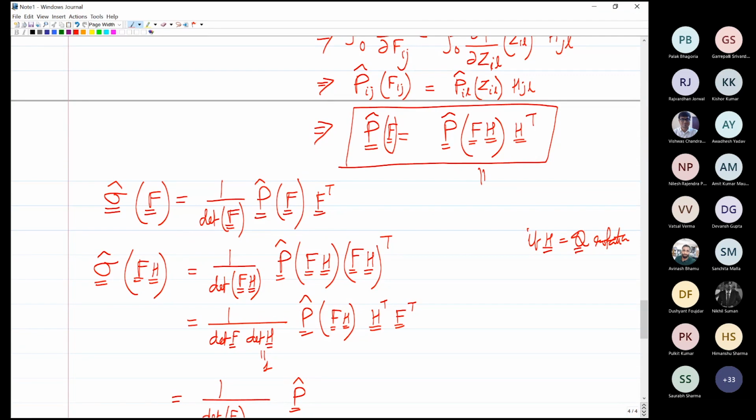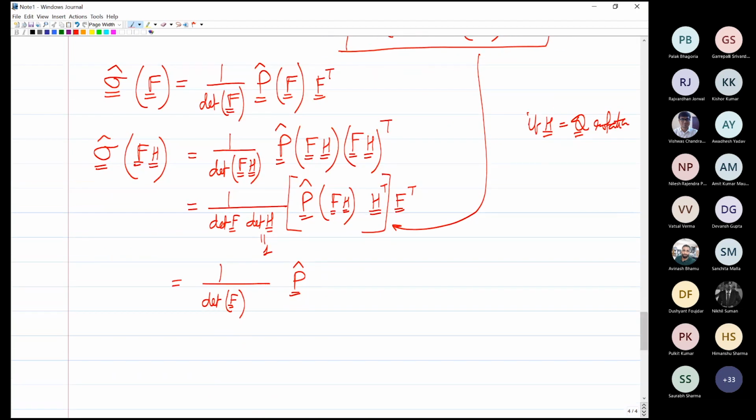This means P hat FH into H transpose is P hat F itself, no? So from here, if we come back, we can notice that this thing inside the bracket is just PF. So this is just PF into F transpose.